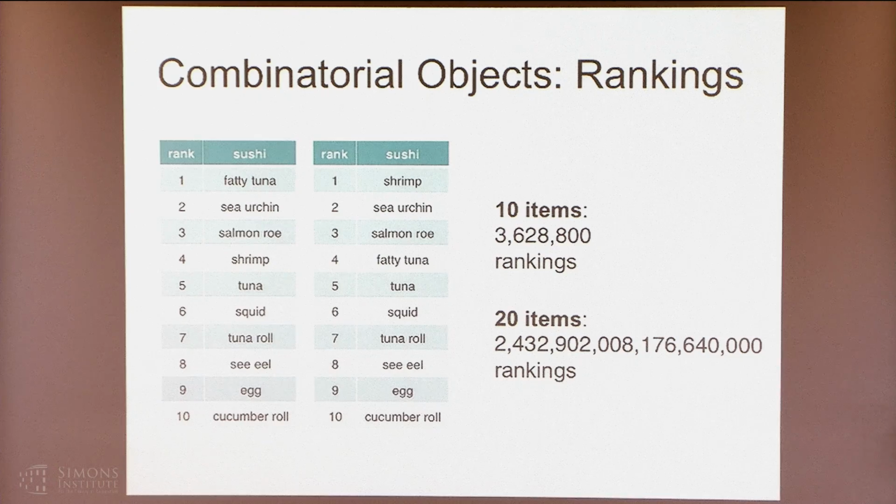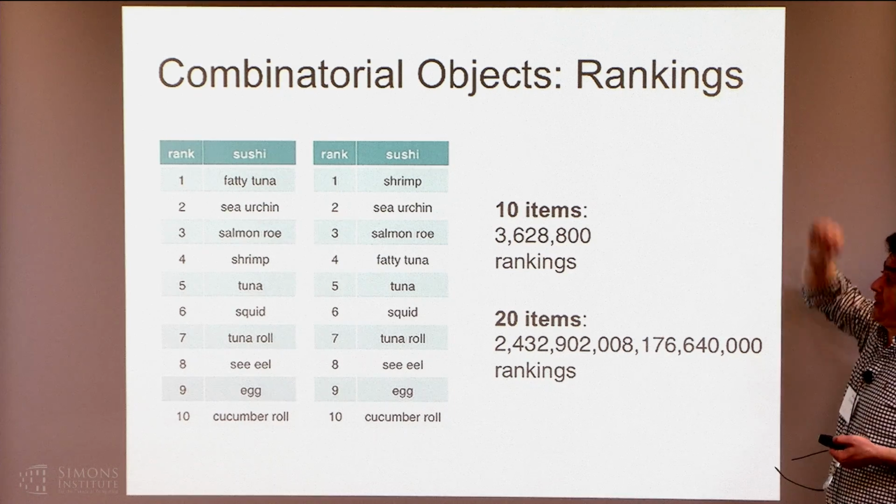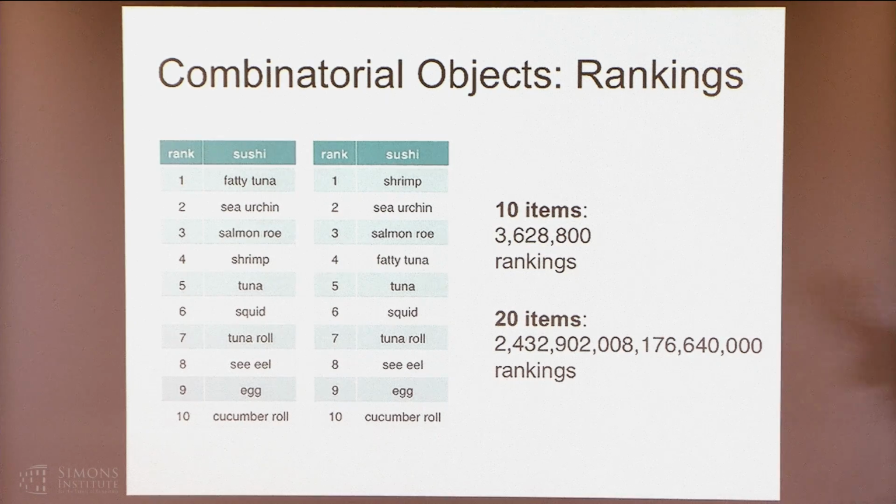So let's look at rankings, total rankings, or permutations, right? Something that has been studied extensively. In fact, people have dedicated distributions for this particular combinatorial objects, like distributions over rankings.